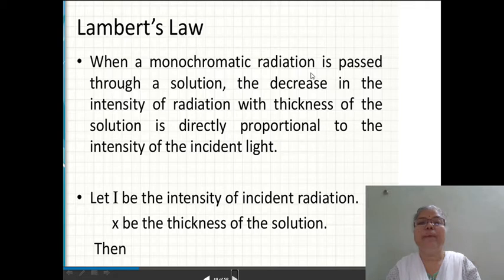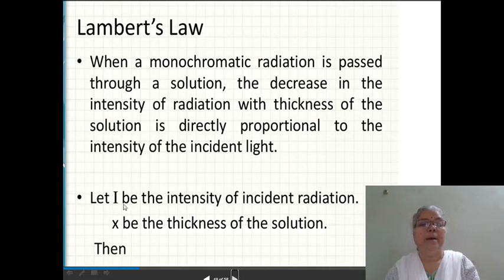When a monochromatic radiation is passed through a solution, the decrease in intensity of radiation with the thickness of the solution is directly proportional to the intensity of incident light. Simply remember that when monochromatic radiation passes through any homogeneous absorbing medium, the intensity of incident radiation decreases with the thickness of the absorbing medium.